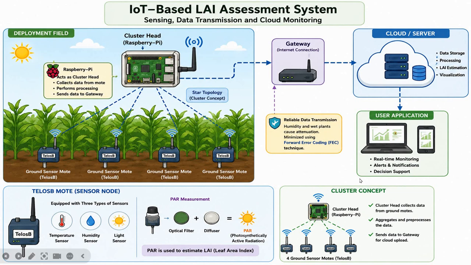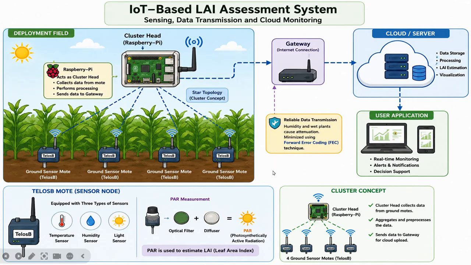Now, one challenge in agricultural environments is signal attenuation, which is caused by humidity and wet plants. Wet plant surfaces can reduce the communication reliability. To overcome this issue, the system employs forward error coding, that is the FEC technique, which adds redundant information to the transmitted data, enabling the receiver to detect and correct errors without retransmission, thereby improving the communication reliability.